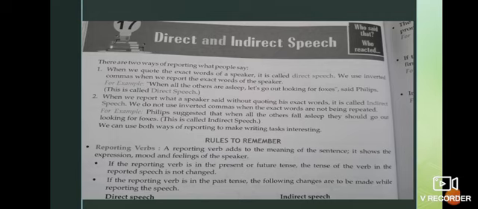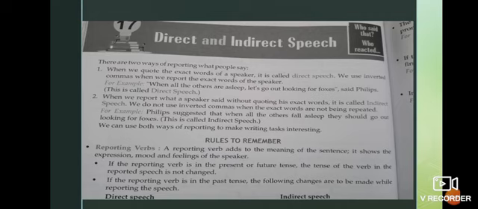And we do not use any inverted commas when the exact words are not being repeated. For example, Phillips suggested that when all the others fall asleep, they should go out looking for foxes. And this is called indirect speech.